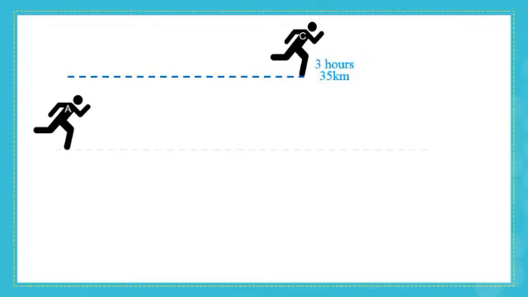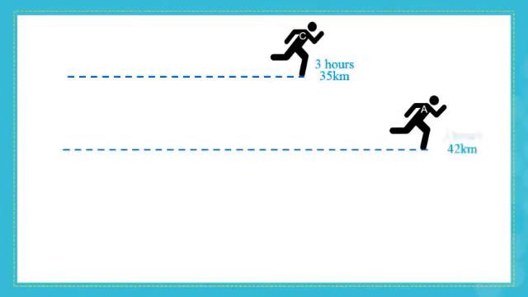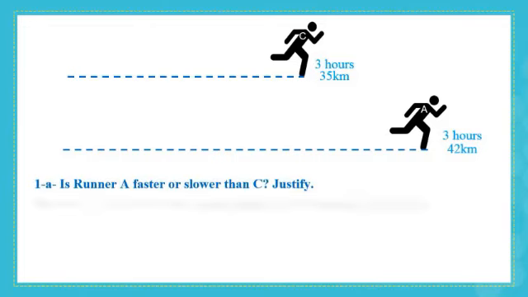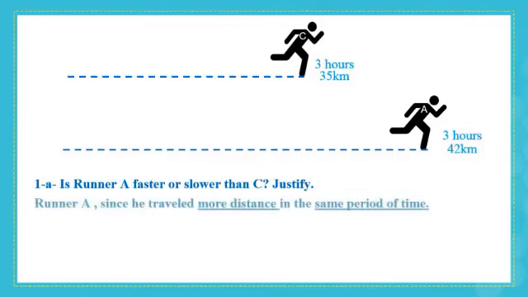Is runner A faster or slower than C? Justify your answer. Runner A is faster, since he traveled more distance, 42 kilometers, than runner C, who traveled 35 kilometers in the same period of time, which is 3 hours.